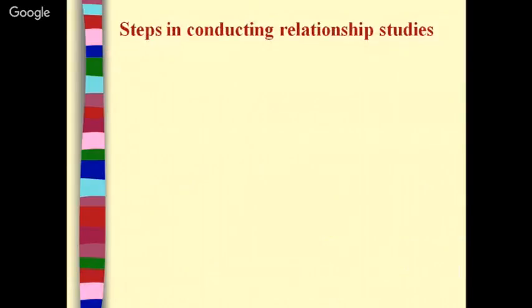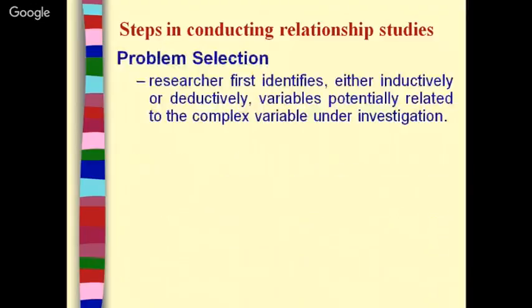Then the steps, of course, will remain the same as we were discussing on the very first day. First, we are to select the problem, and as we said, we follow an inductive deductive approach in conducting a research study. So from whatsoever approach, you are to come to the point that if I am having one variable, I want to find the relationship.